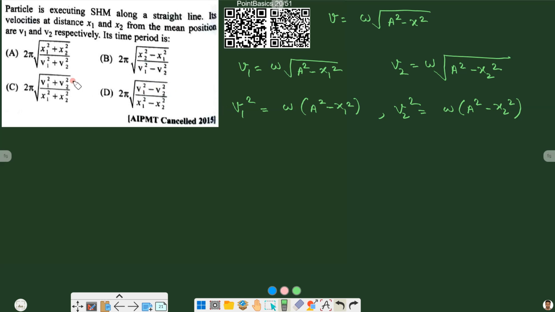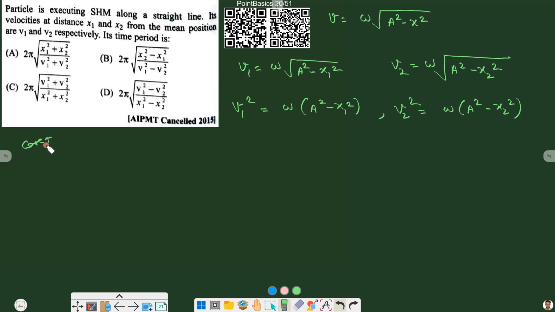Now you can see that in options A and C we have addition of velocities, and in B and C we have subtraction of velocities. So we will try both, we will add and we will subtract. First we will add both of these.